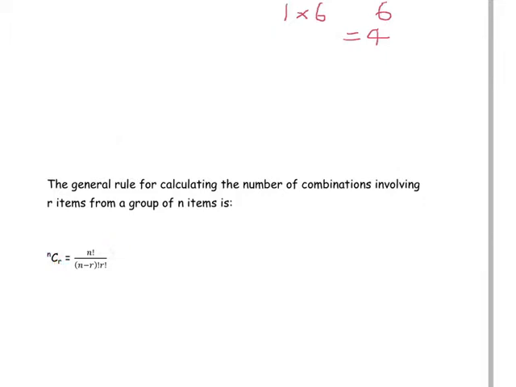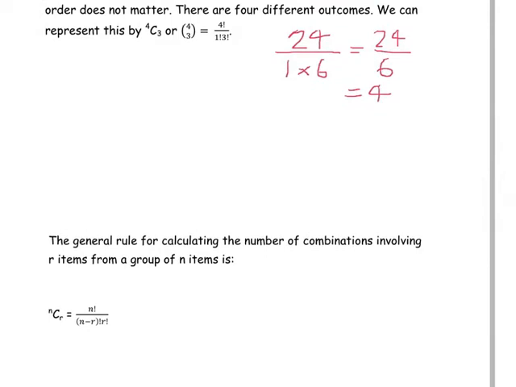And the general rule is n factorial divided by n minus r factorial times r factorial. So in our workings above, the reason that we got the 1 was because we did 4 minus the 3, which gave us the 1, and the r, which was how many, we only wanted to pick 3 of the 4 possible letters, so we picked 3 factorial there.